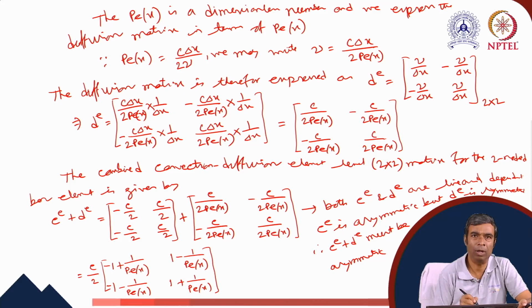From the condition of diagonal dominance for stable solutions, it can be proved from this element level matrix that the absolute value of the cell Peclet number must be bounded by 1.